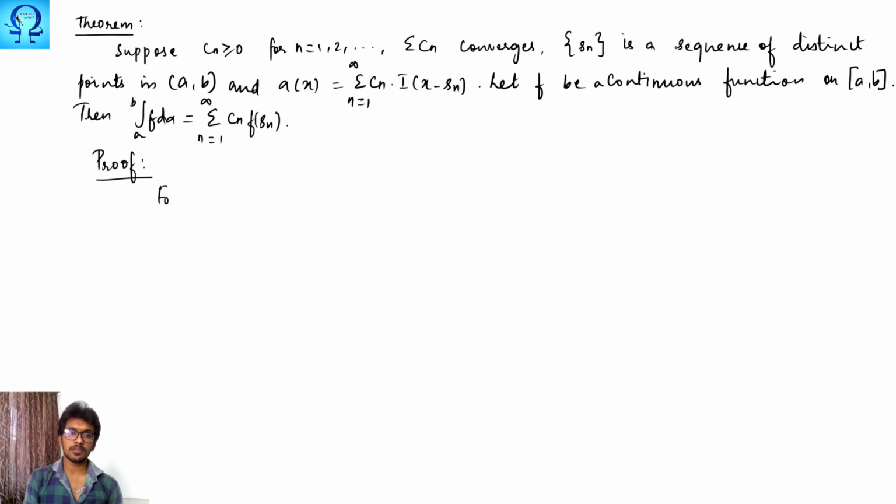Now, if you observe, for all n from 1 to infinity, the absolute value of cn multiplied with I of x minus Sn, what is it going to be? This has to be compared with cn. We know cn is a sequence of non-negative terms, so it may be either 0 or some positive quantity. And similarly, this I may be either 0 or 1. So if it is 1, the term is equal to Cn. If it is 0, 0 is to be compared with Cn. So this is the inequality that we are going to have.